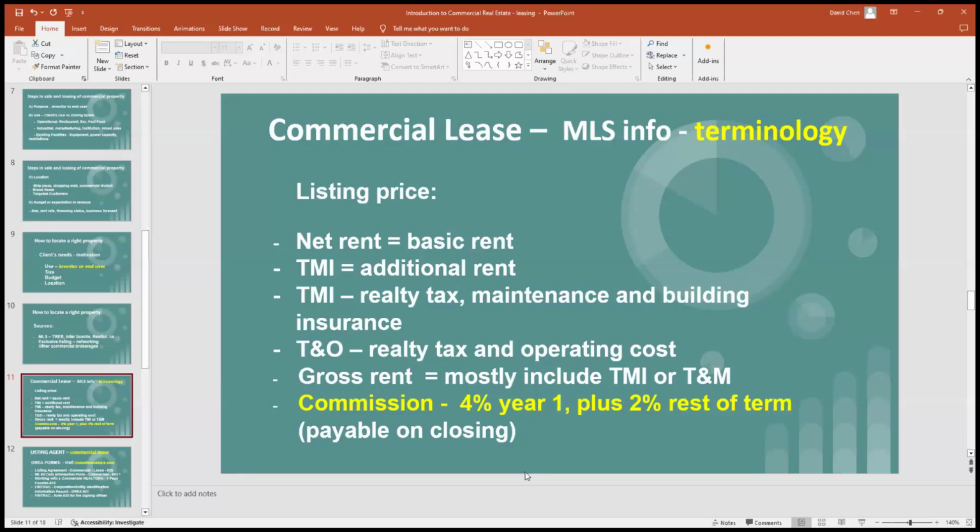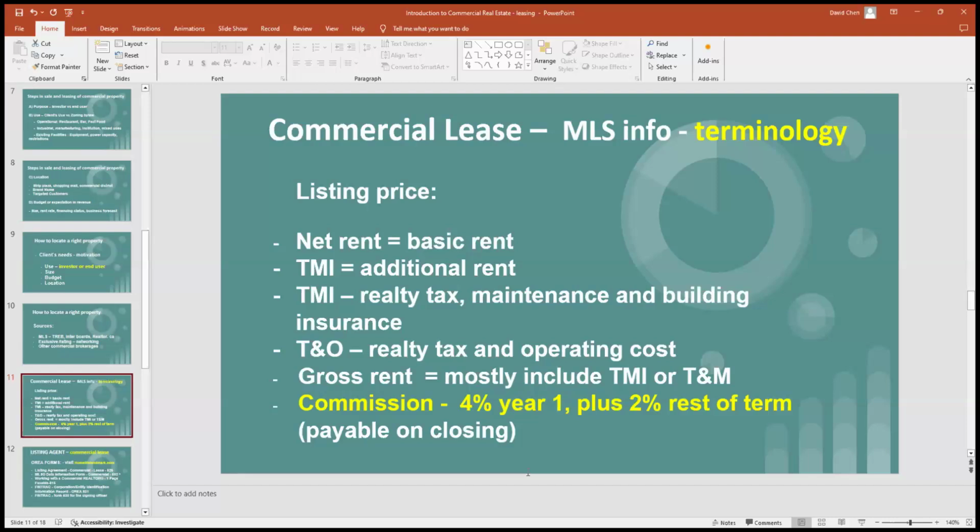But in commercial, it's not often half a month or one month's rent; normally we go by percentage. When we're talking about full commission, we're talking about 10% or 8%. So 4% goes to the cooperating agent. The same, sometimes people pay 5%.